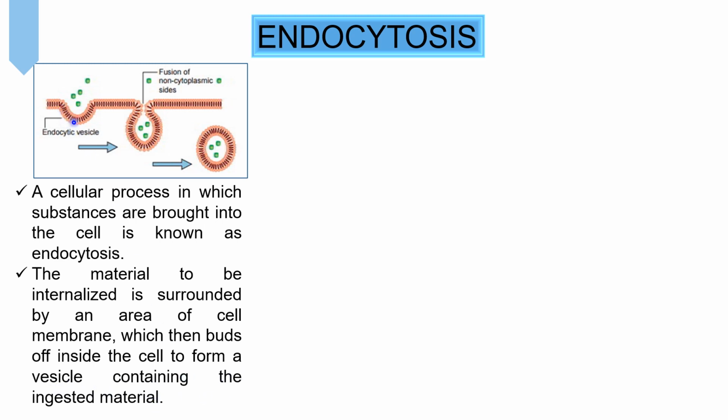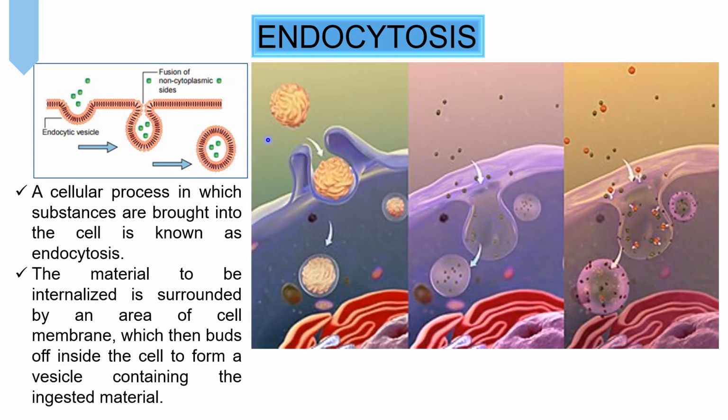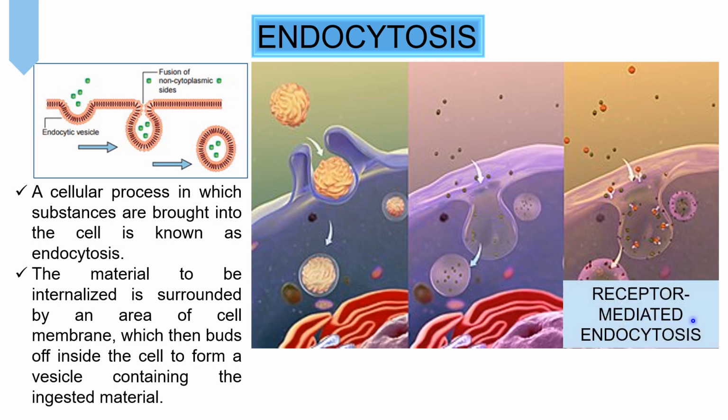The figure shows the formation of a vesicle by cell membrane. You can see how the membrane forms a ruffle and the non-cytoplasmic ends fuse to form the vesicle, which eventually pinches off.